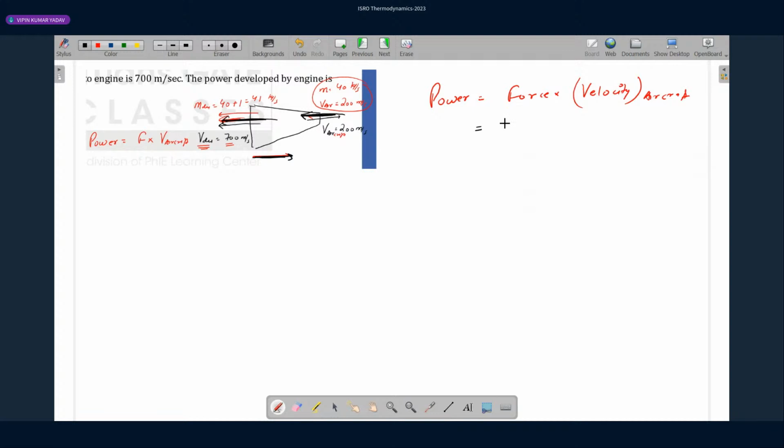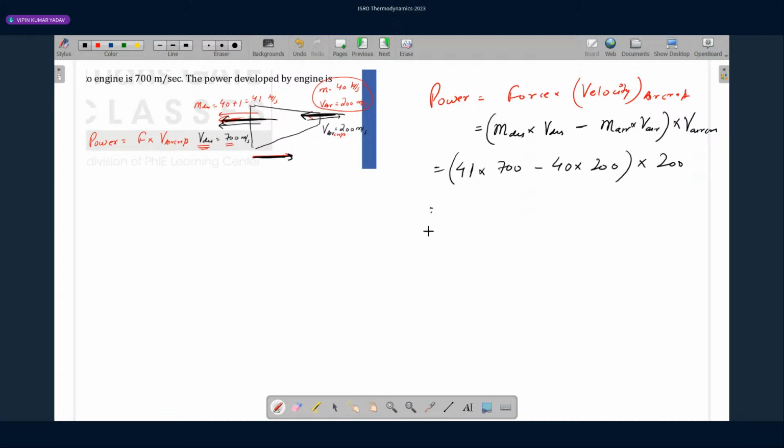So this force is basically mass of discharge into velocity of discharge minus mass of air into velocity of air, into velocity of aircraft. What is mass of discharge? 40 plus 1, 41, into velocity of discharge 700, minus 40 into velocity of air 200, into 200.